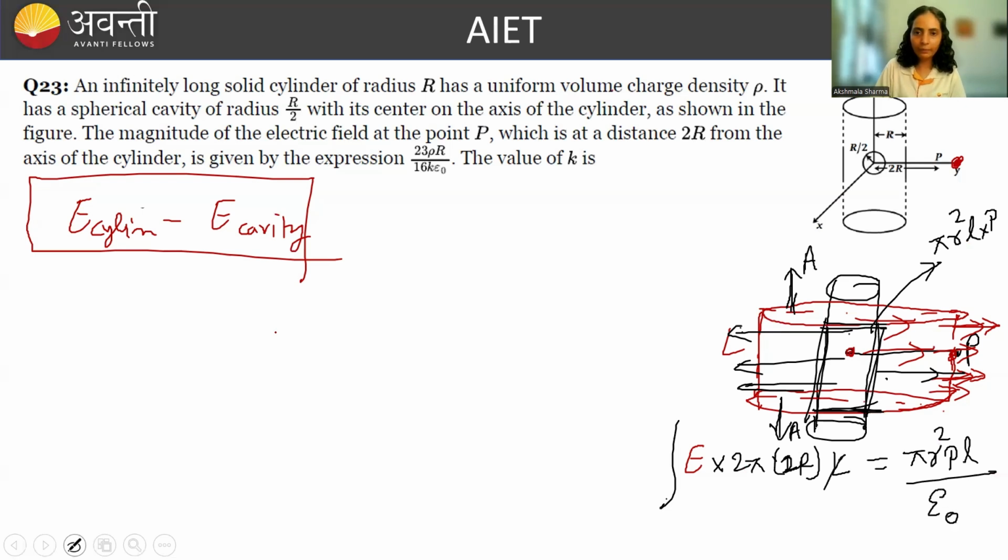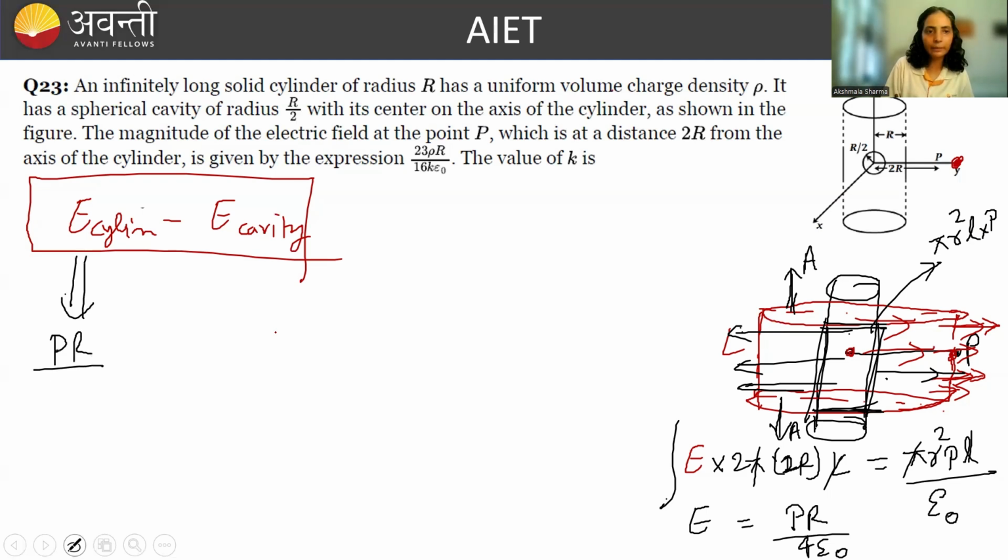So L will get cancelled. Pi will get cancelled. And how much value of electric field are you going to get? So the value of electric field will be rho r by 4 epsilon. So this thing we got, as equal to rho r by 3 epsilon naught, minus.